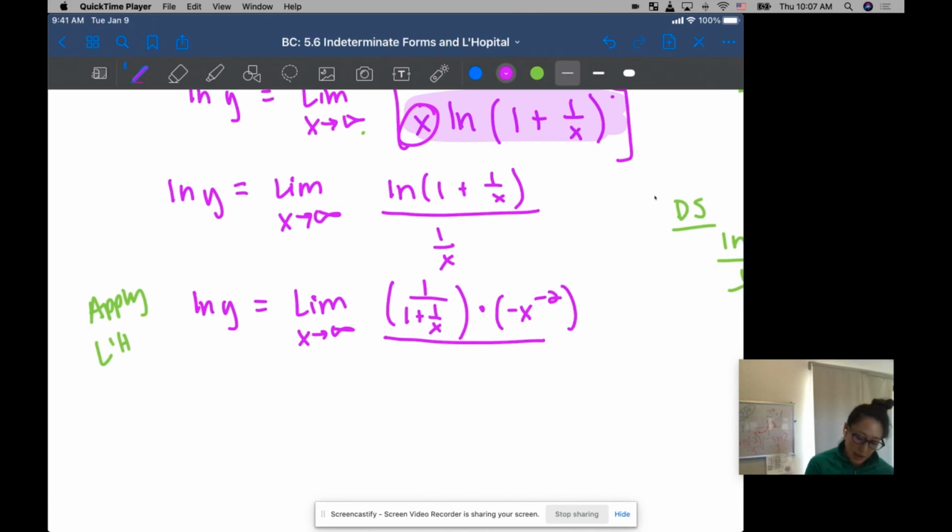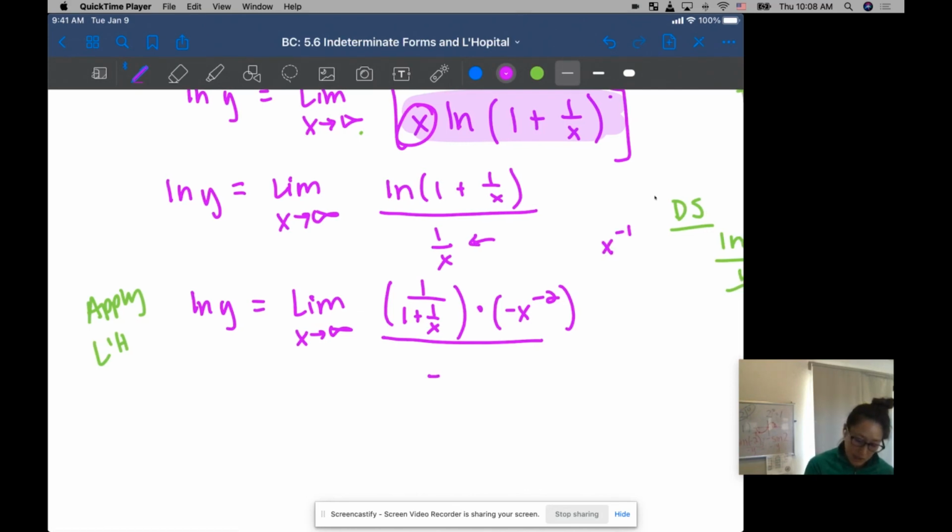And then we need to take the derivative of the denominator, which is x to the negative 1. So again, that would be negative x to the negative 2. And I notice that these are going to cancel.